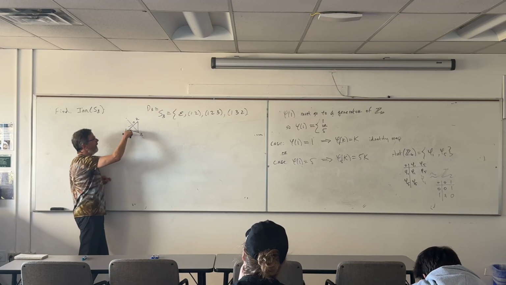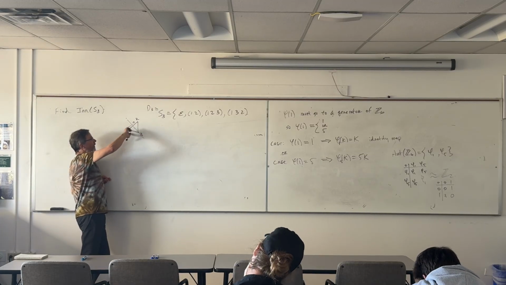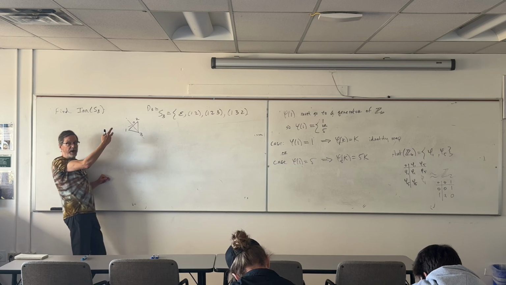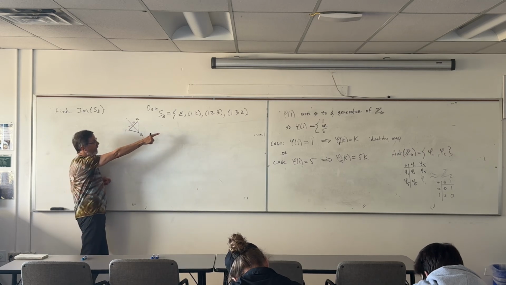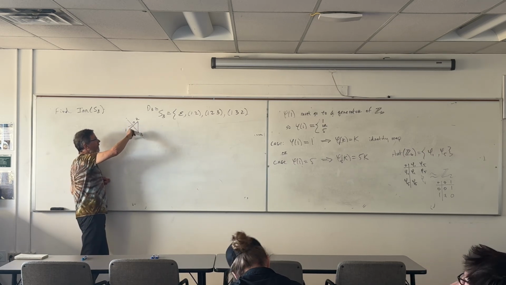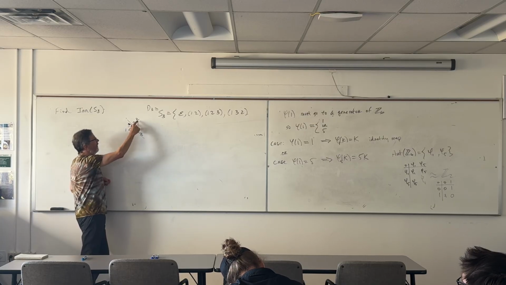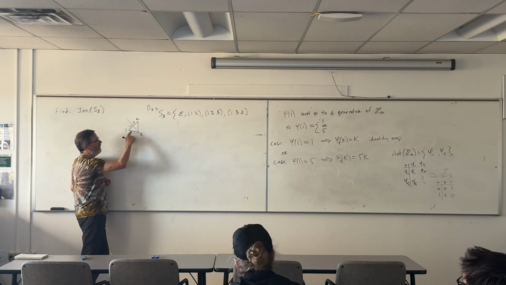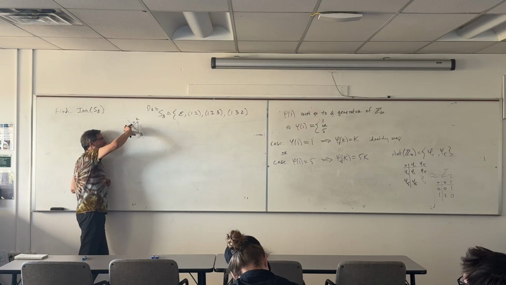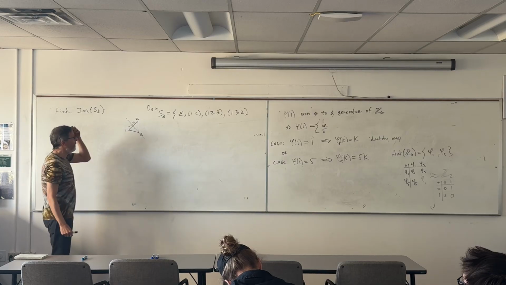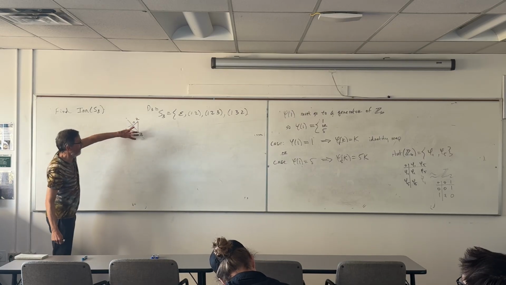The cycle 1, 2, 3 looks like a clockwise rotation by 120 degrees. And 1, 3, 2 would be 1 goes to 3, 3 goes to 2, and 2 goes to 1. That's 2 of those clicks. Sorry, I know the sound effect really helps, but that's a 240 degree rotation.